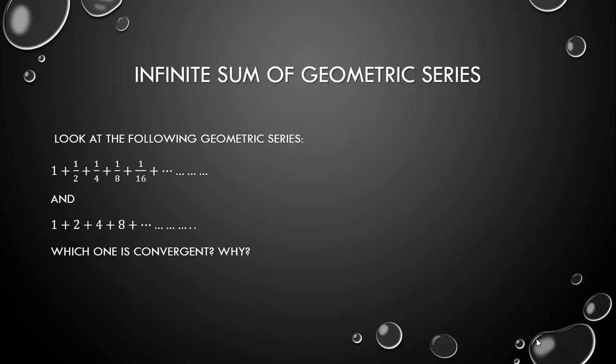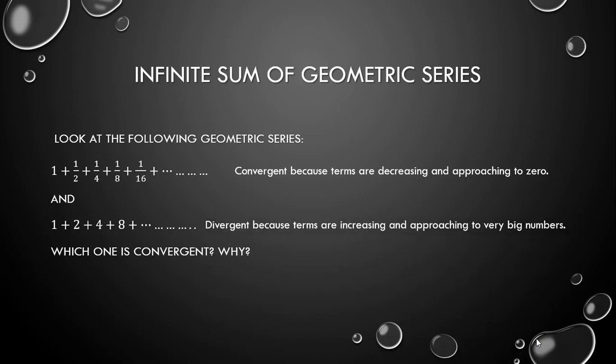The terms are increasing as far as you go, one by one. So we can say that the first one is convergent because the terms are decreasing and approaching 0. And the second one is not convergent, that is, divergent, because the terms are increasing and approaching a very big number.